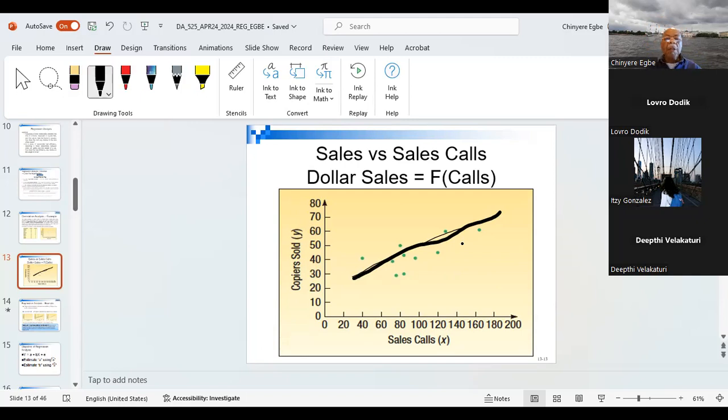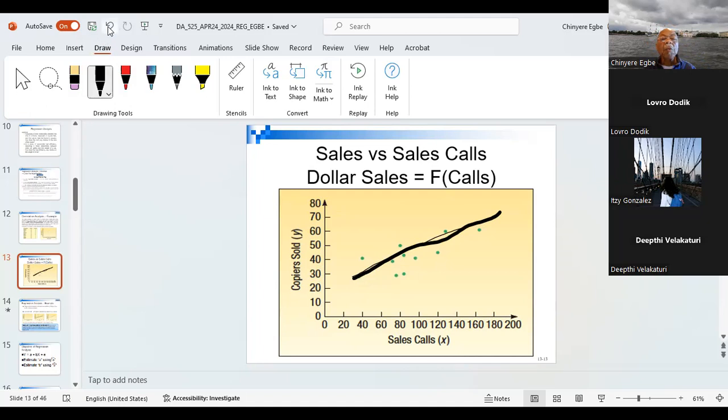Okay, all right. So you can see the relationship is not perfect, but there's a tendency that the more sales calls, the more copiers that are sold. And so our objective in regression analysis is to draw a line perfectly in the middle of these scatter plots.